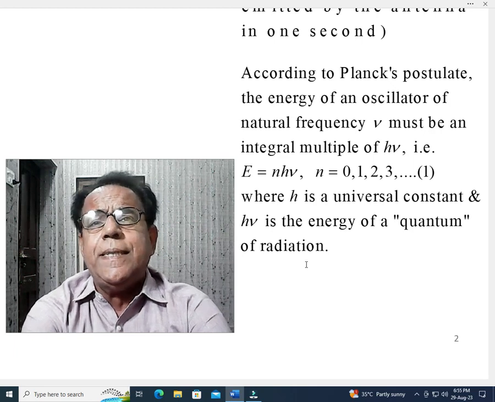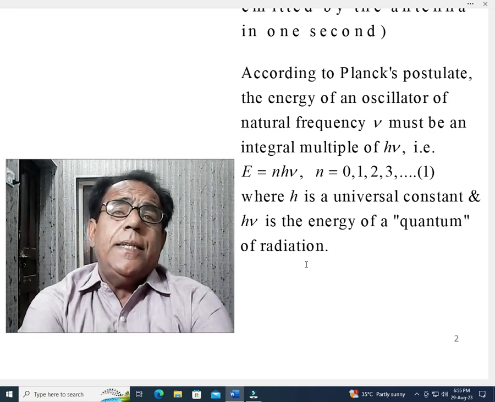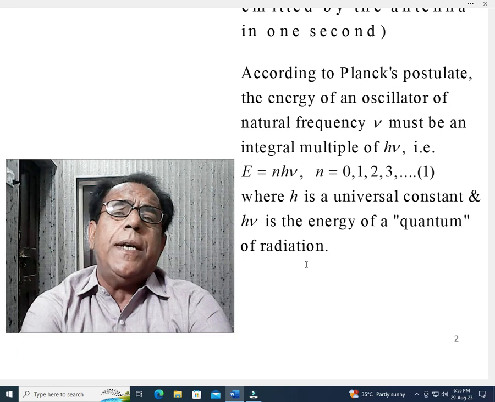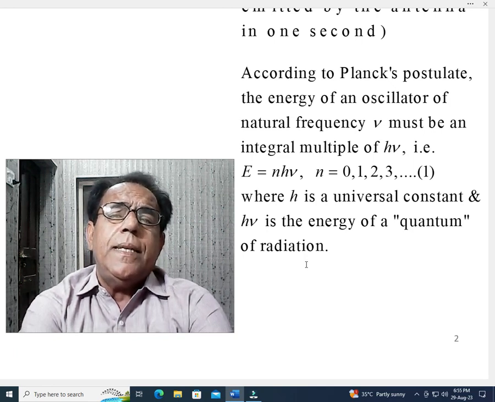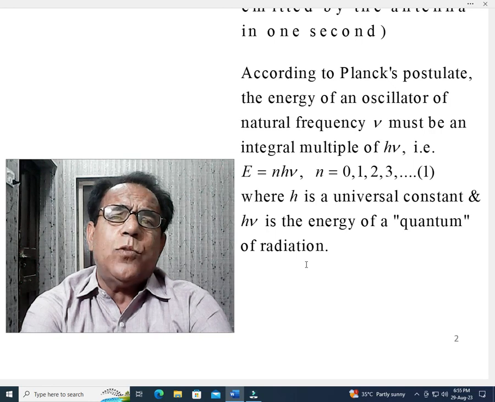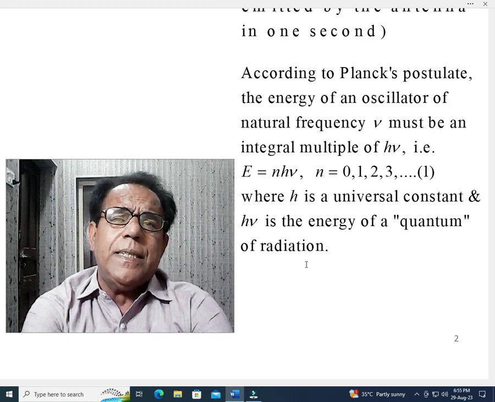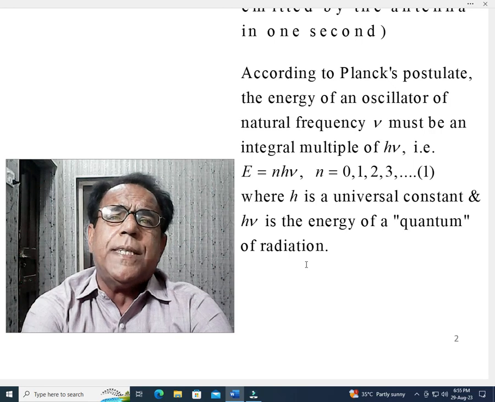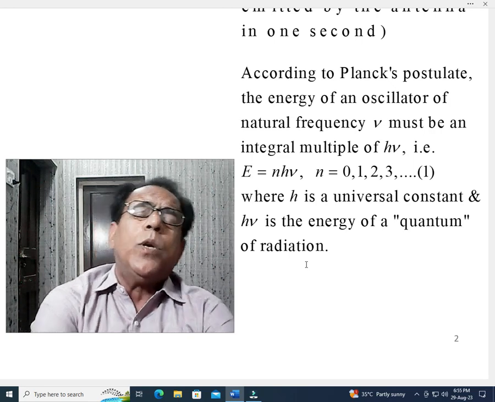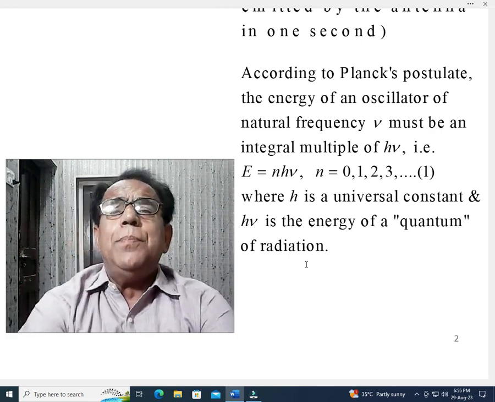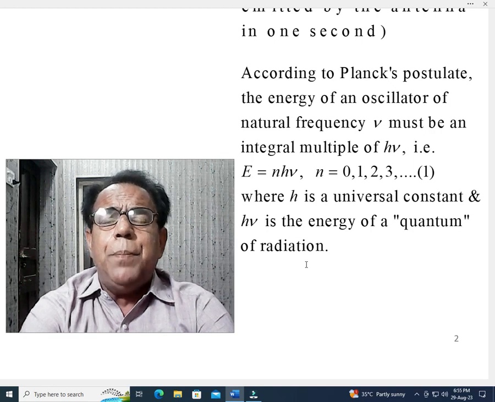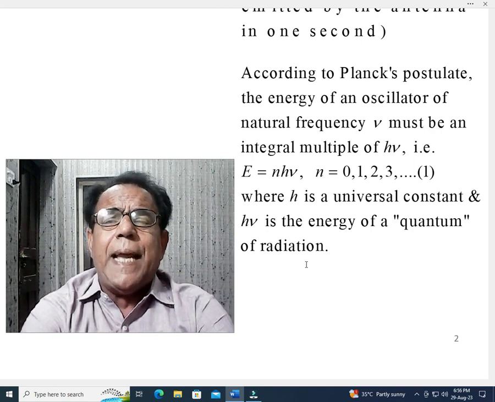Quantization means, dear students, the term quantum is actually somewhat contrary to the term continuum. Okay, the term continuum may be interpreted as having any value.